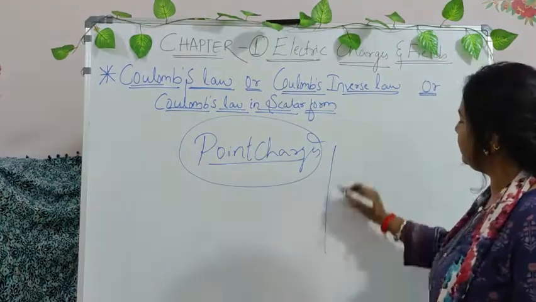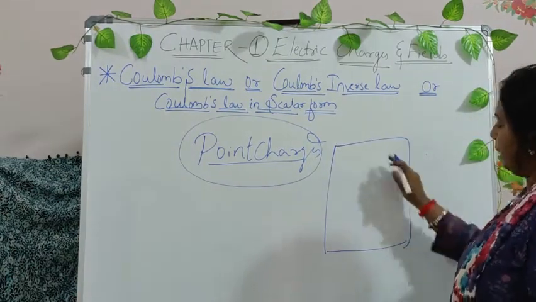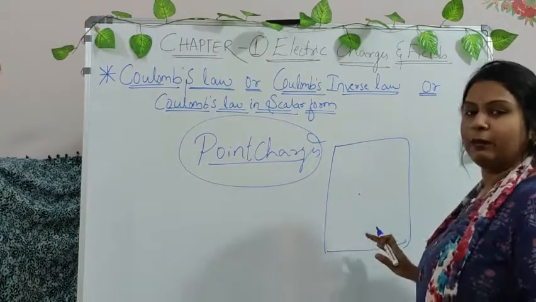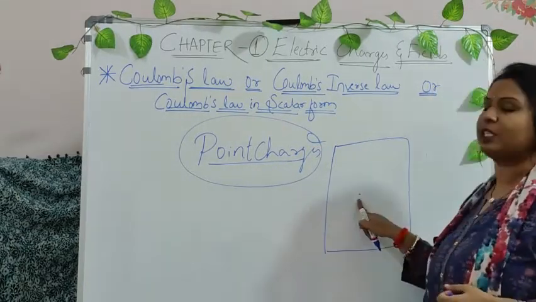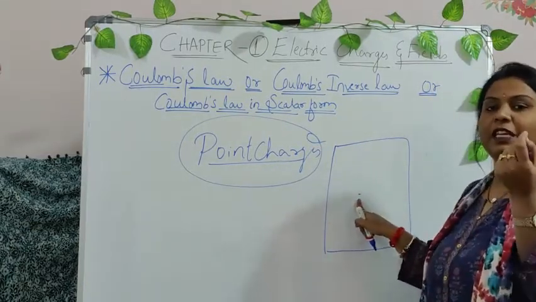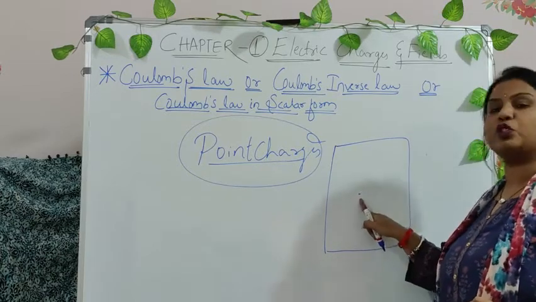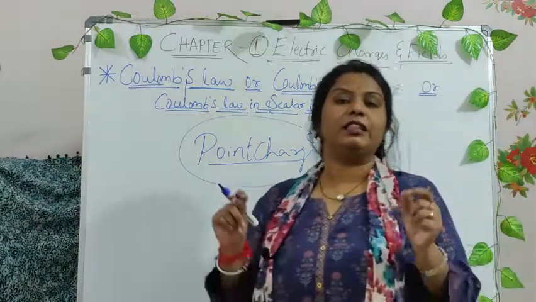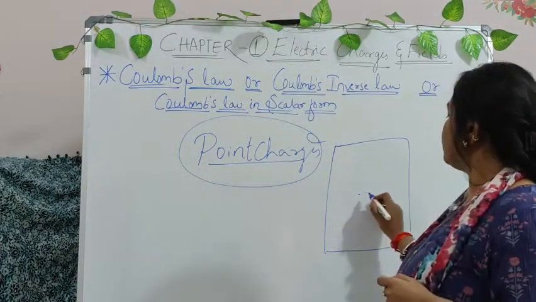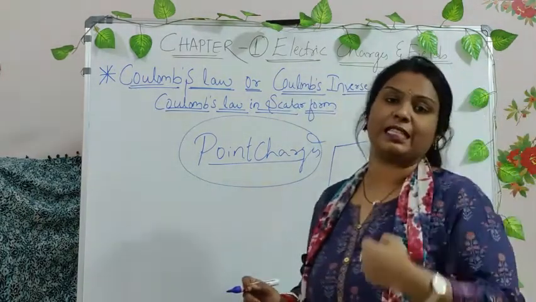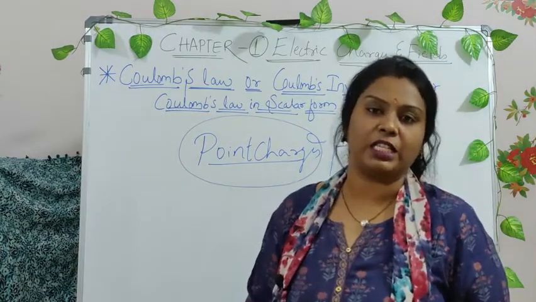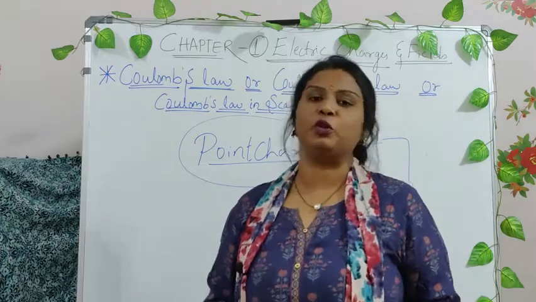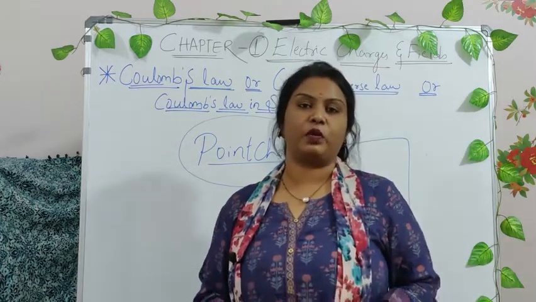If you consider this board as empty space, a point charge is a very small dot. When you look, there is nothing, but when you look very carefully, you see some dot there, and you feel some existence of the charge. Point charges are so small that the distance between two point charges is very big compared to their original sizes. This is called a point charge. It is often used in the further explanation, so you have to know what a point charge is at this point.